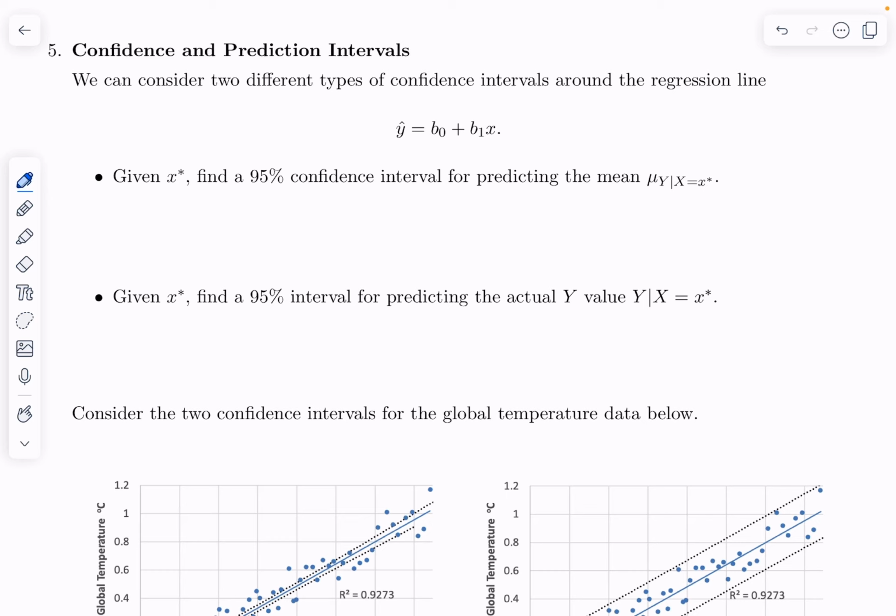So the idea is that given some x star, which is a given x value, we're going to find a confidence interval around the mean for that particular x star.